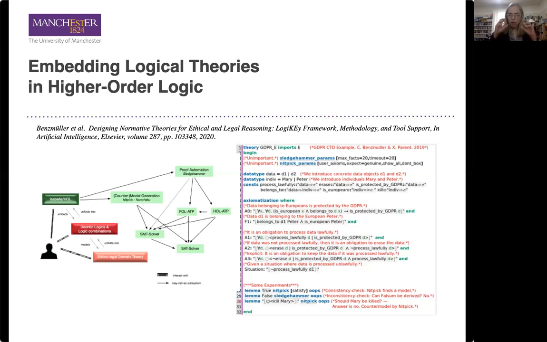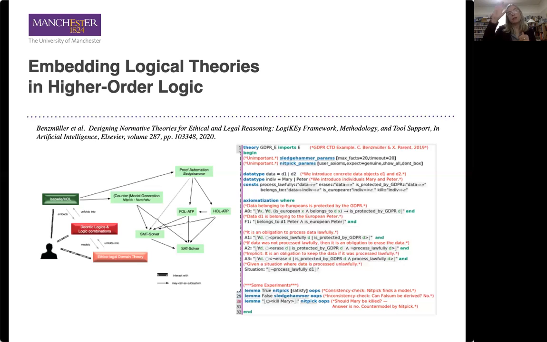And you have the logical expression of that: for all X, for all D, if X is European and D is data belonging to X, then D is protected by GDPR. Then we get down to A1, it is an obligation to process data lawfully. So you've got this O symbol again for obligation. For all data D, you have an obligation to process the data lawfully if it's protected by GDPR, and so on.